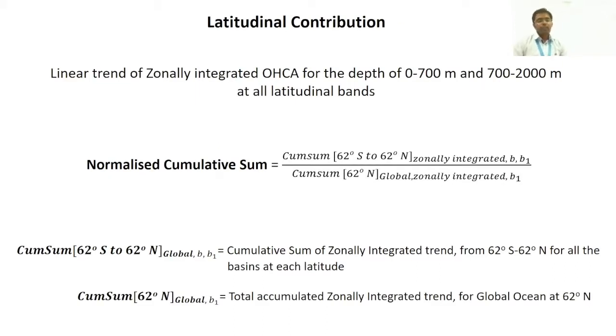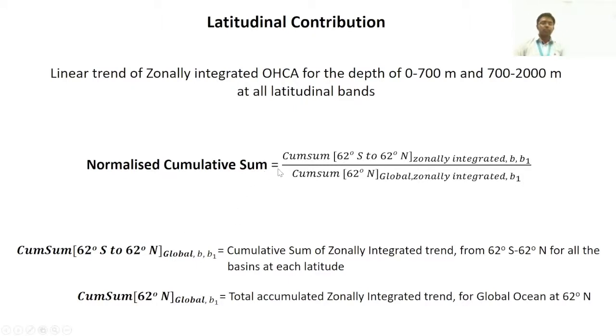After that, we want to look into the latitudinal contribution to the global ocean heat uptake in the depths of 0 to 700 meters and 700 to 2000 meters. For this purpose, we use the normalized cumulative sum.